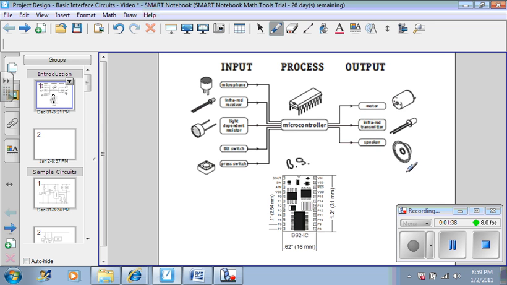And then you have a list of output components that you're going to control. And the condition of these output components depends on the status of the inputs. And you will provide the first level of solution to your project by creating a block diagram.